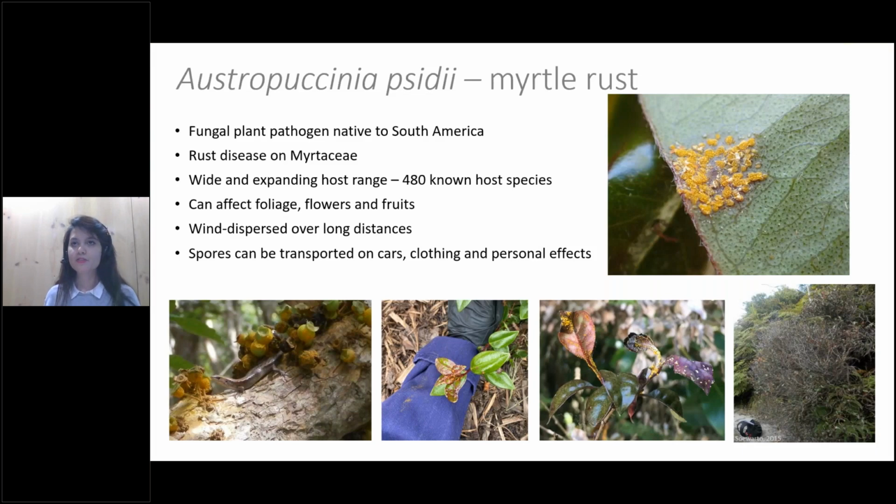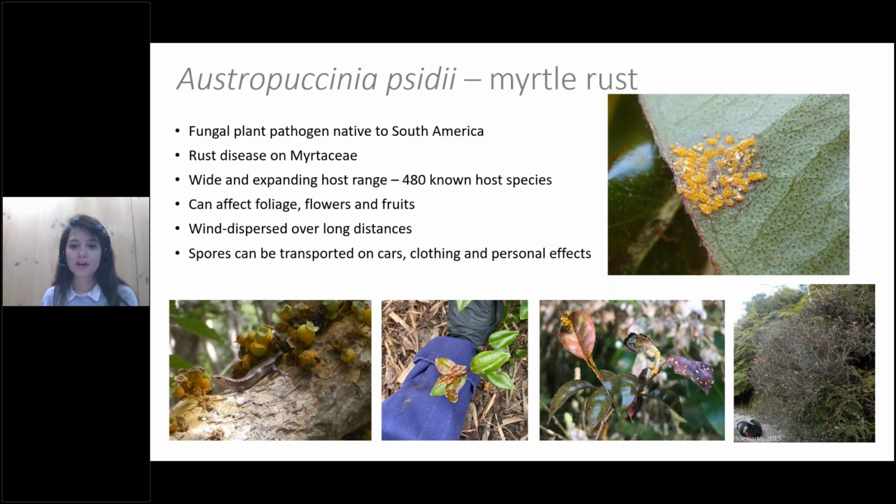So this is a brief intro to Myrtle Rust. It is a fungal pathogen native to South America and causing the rust disease on Myrtaceae plants. It has a very broad and unusual host range for rust fungi. So far, at least 480 species are infected by this pathogen worldwide.